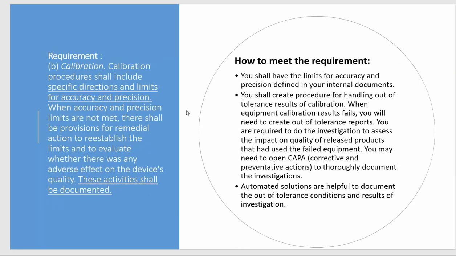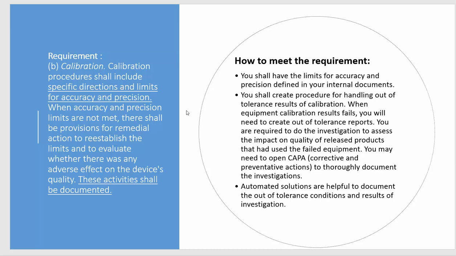The calibration procedures shall include specific directions and limits for accuracy and precision. If the limits are not met, there shall be provisions for remedial action to reestablish the limits and evaluate whether there was any adverse impact on device quality.